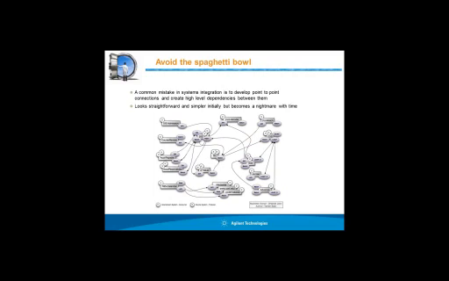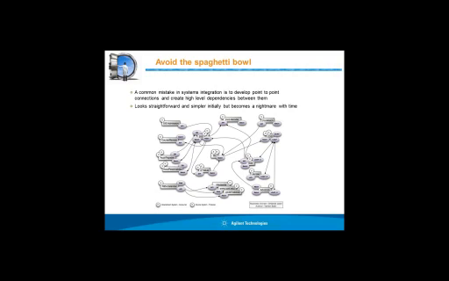So maybe before going too much into the details, I would highlight very importantly this slide, which is really: avoid the spaghetti ball. What we call the spaghetti ball is the result of years of integration. When you decide to connect systems one by one, you think each time what's the best and maybe the quickest way to connect a new system into another one.